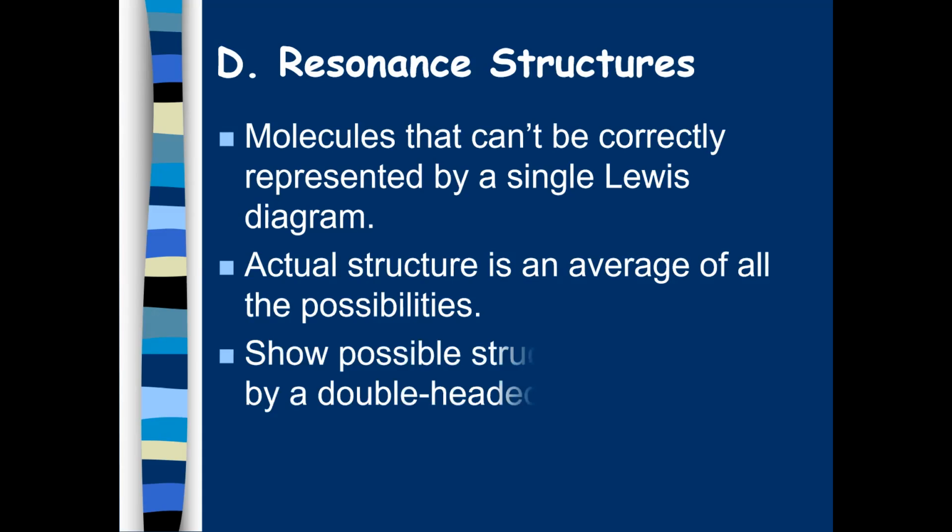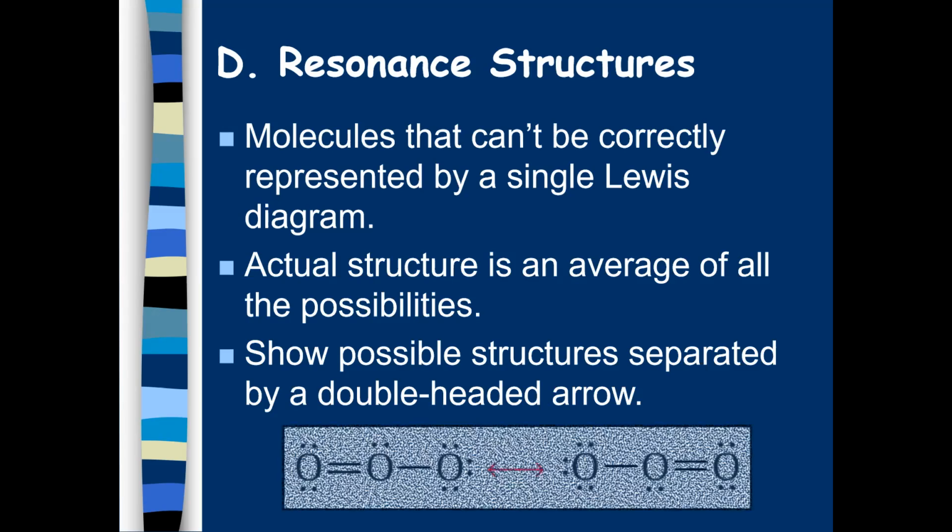So what you do is you separate every structure that is possible by a double-headed arrow, which means it can go either way, right? Double-headed means usually an arrow points the direction towards the head of the arrow, right? But if you have a double head, it just means it can go either way.